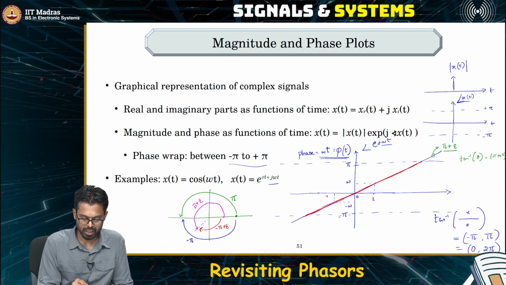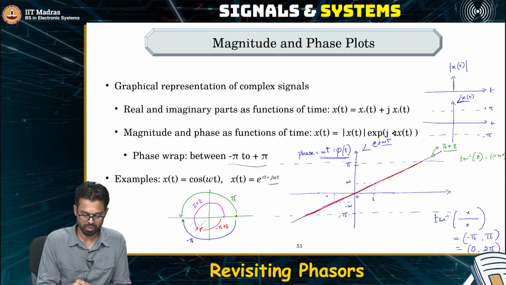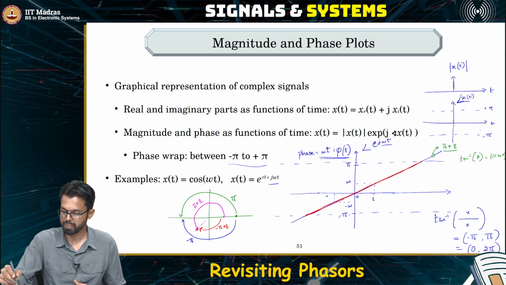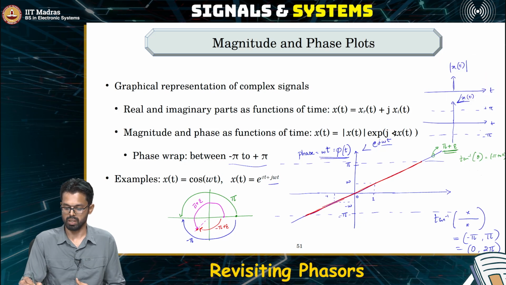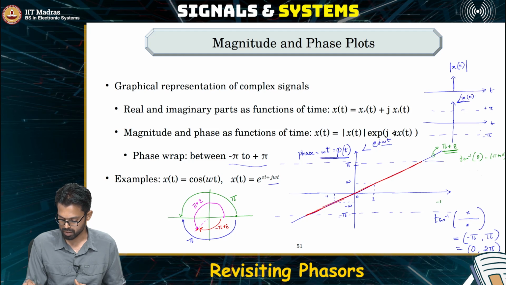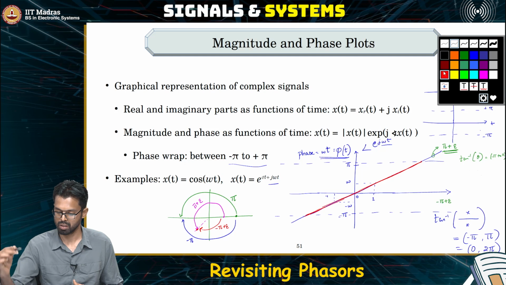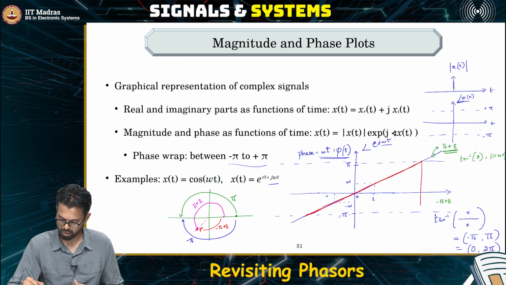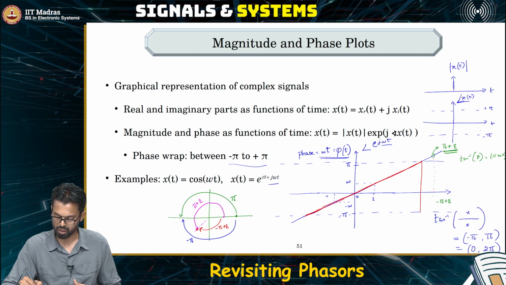This is what the tan inverse function will give you as the phase of this particular point. So whatever is at pi plus epsilon will end up coming at minus pi plus epsilon. So this value will come here.